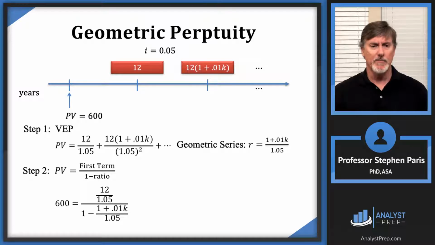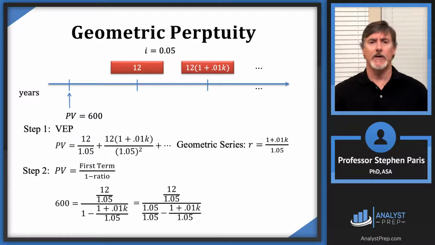It may look harder than it actually is. It's not really that hard to solve for k. In the denominator of that complex fraction, I replace the 1 by 1.05 divided by 1.05, because I'm going to add those two terms together with a common denominator.